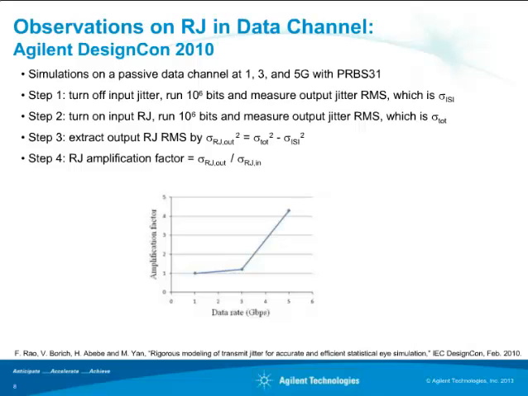With the total jitter and the ISI jitter, the output random jitter RMS can be extracted, and the result is compared with the input RJ that is injected into the input signal. That gives the RJ amplification factor. As we can see, similar to the clock channel, the RJ amplification increases with data rate.